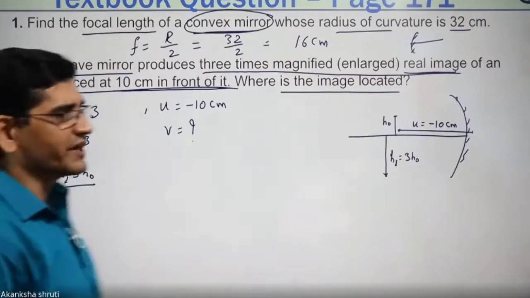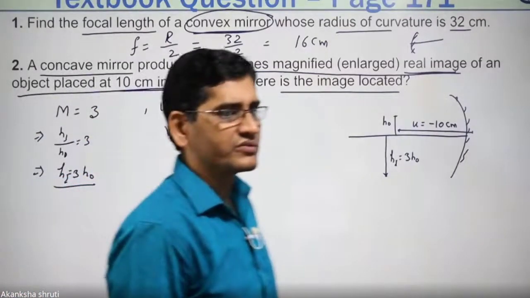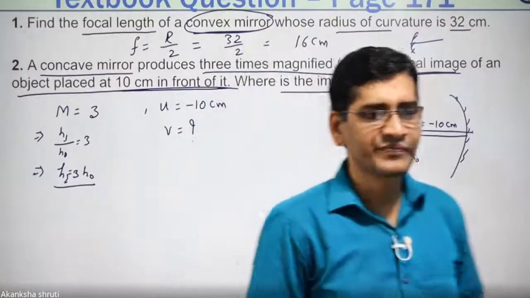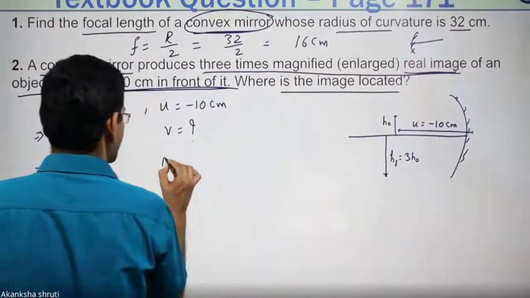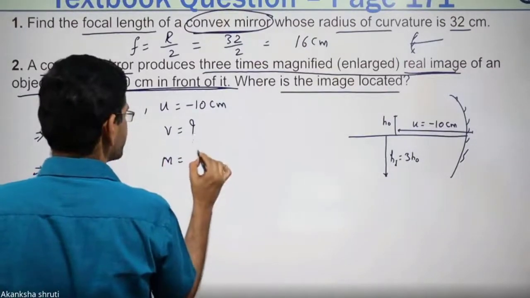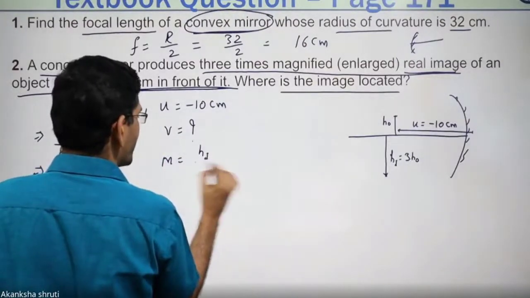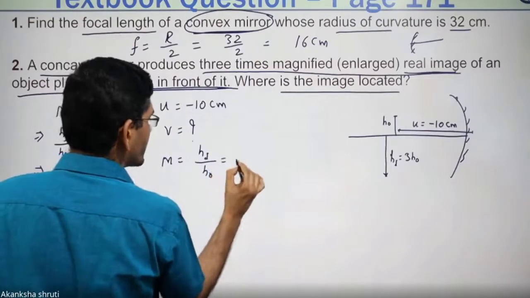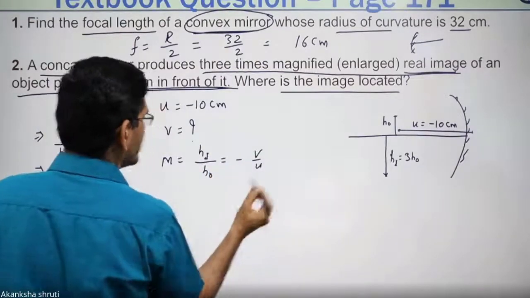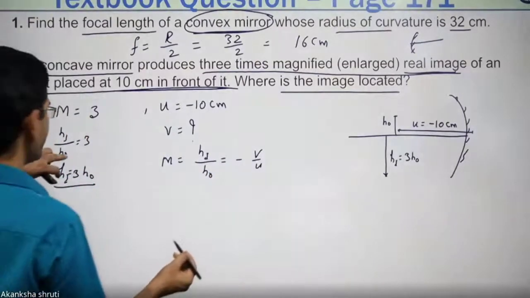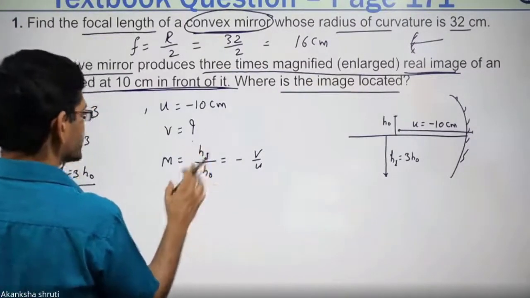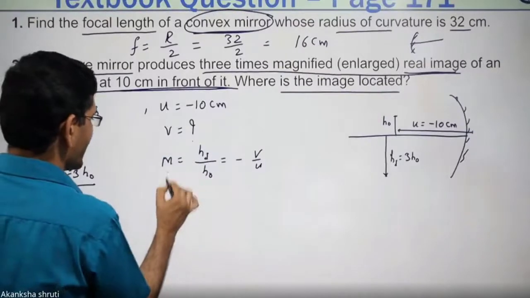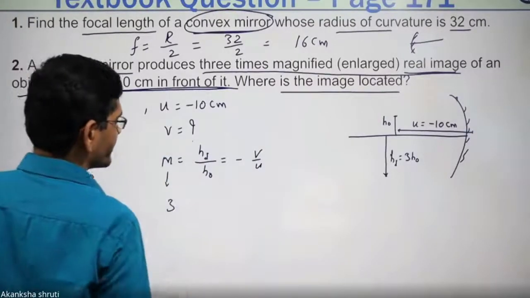Can we use the mirror formula? No need to use. A student, here we are knowing that this magnification is given by HI by HO is equals to minus of V by U. So the quantities are given already. Means this magnification is already given as 3.